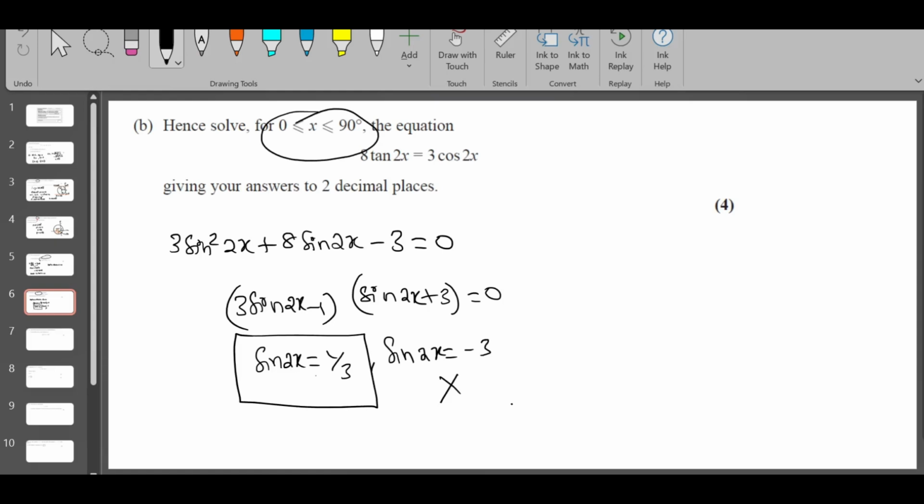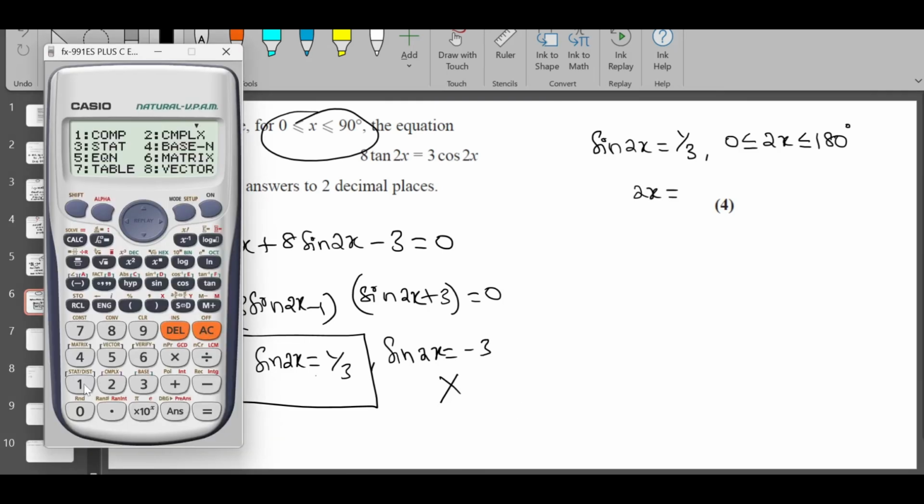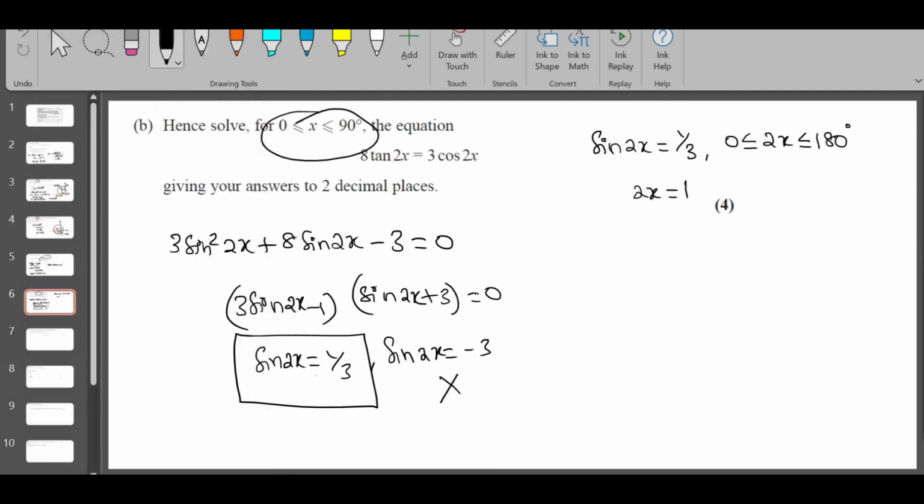To solve that, let's take the equation sin 2x is equal to 1 over 3. Multiply the limits by 2. You'll get 180 degrees. Find the principal value. 2x is equal to sine inverse of 1 over 3. Use the degree mode. Sine inverse of 1 over 3 is 19.47 dot dot dot.